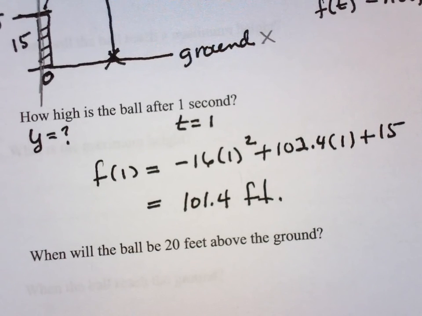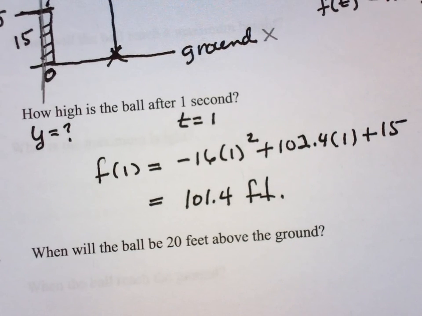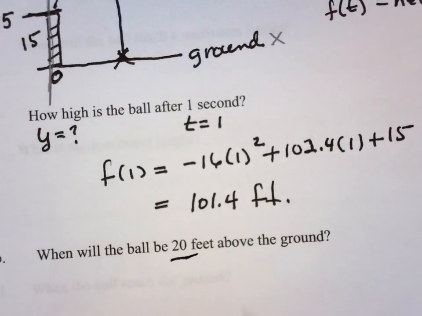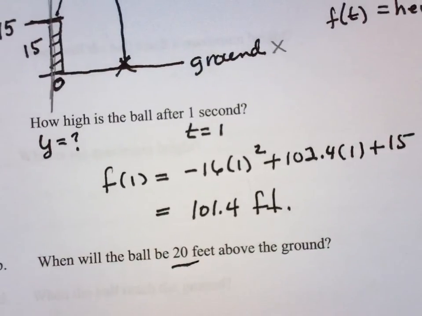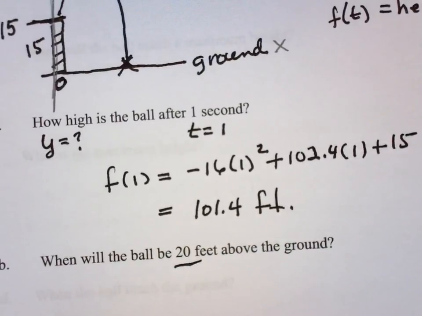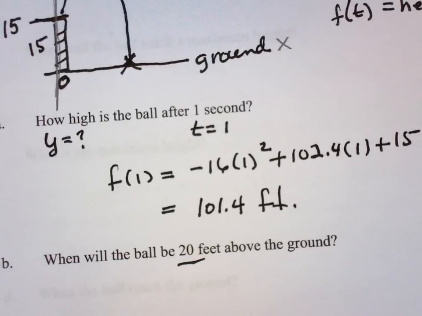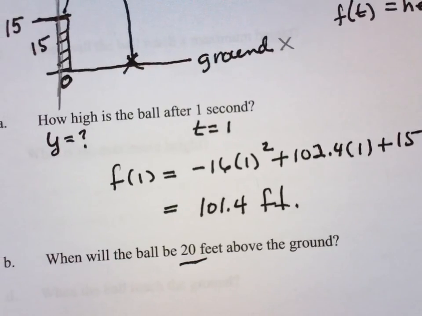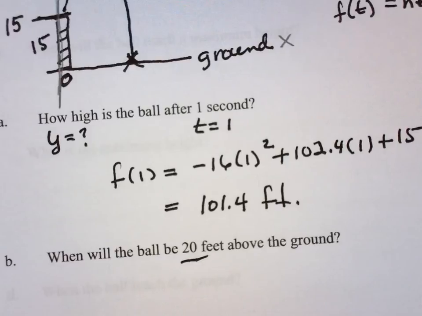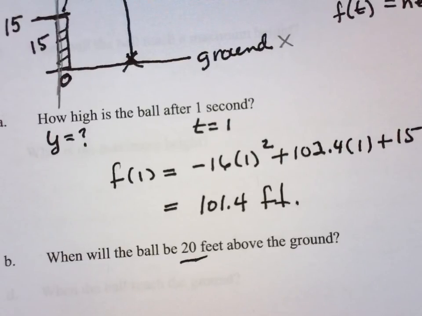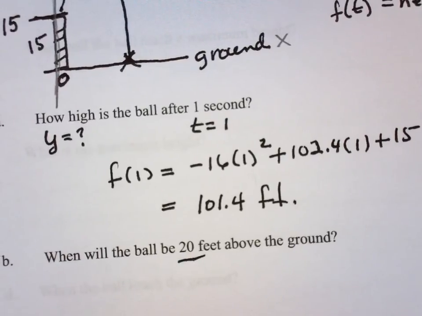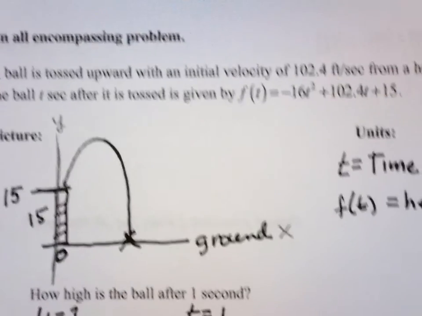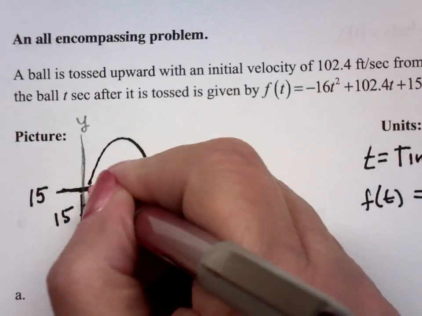When will the ball be 20 feet above the ground? 20 feet above the ground. Now, if we go back to our picture, there it is. Notice 15 feet where it starts.